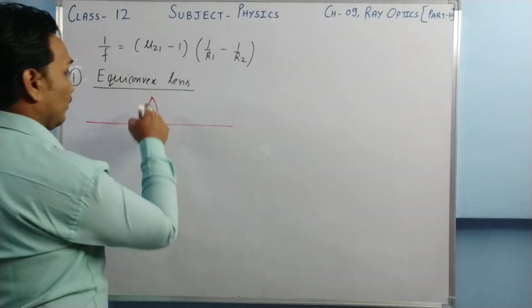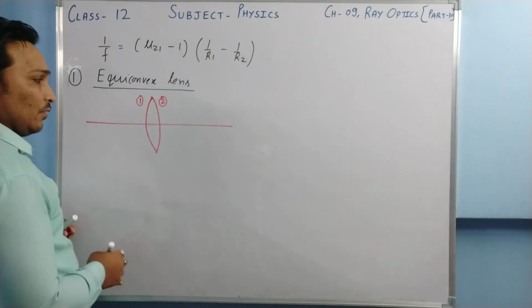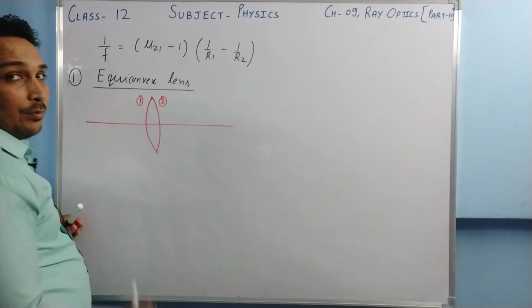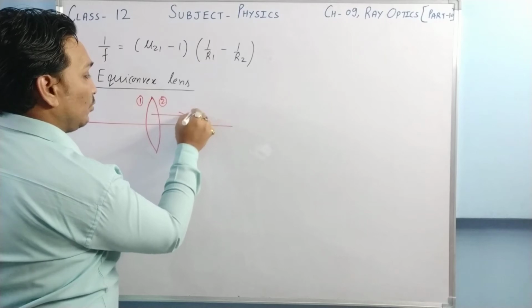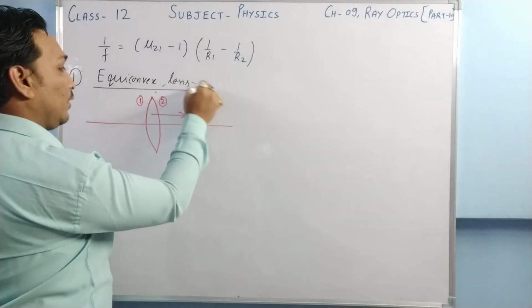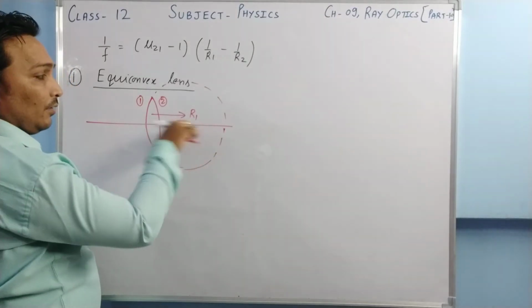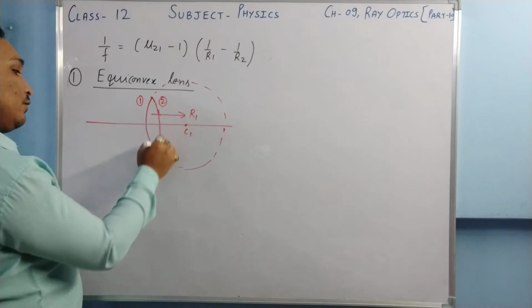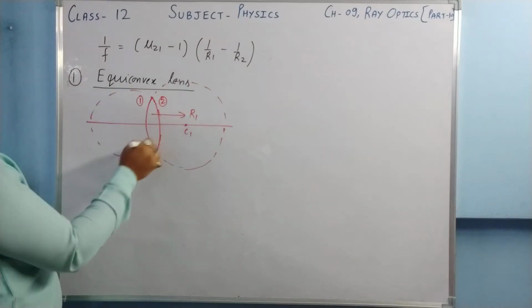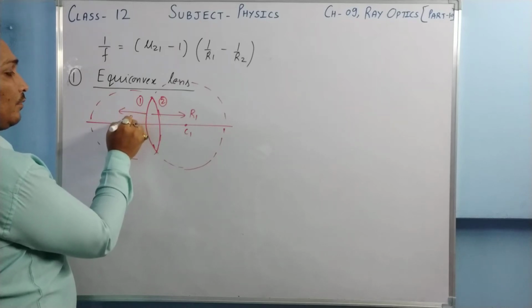So basically this surface is going to be our first surface, and this surface is going to be our second surface, because I have assumed the ray of light is coming from this side. For this surface, the sphere is completed something like this, so its center will lie somewhere here. This is the center of the first surface, and for the second surface the sphere will be completed like this, so the center will be somewhere here, so R2 will lie this side.